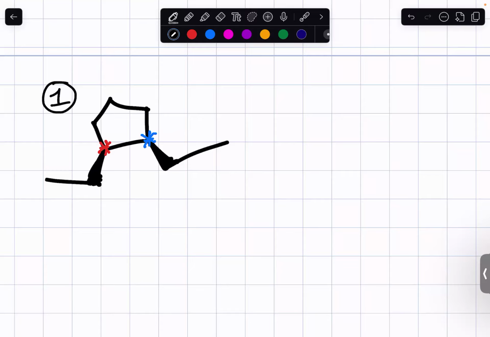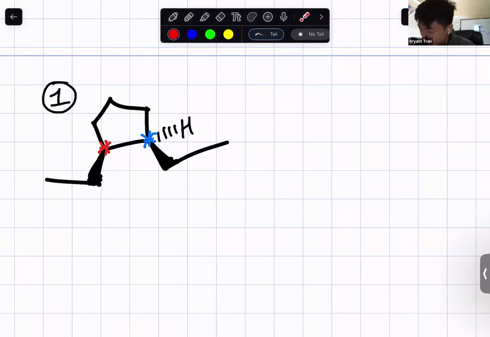The right one is an R. The red one? The blue one. Oh, the blue one. Yep, the blue one. So there is an invisible hydrogen here. What did you say was the R/S configuration for the blue one? R. It's an R.